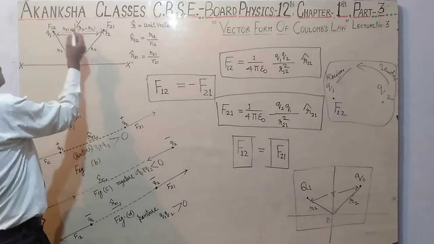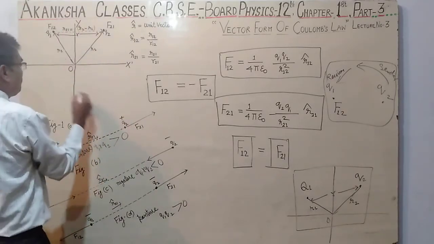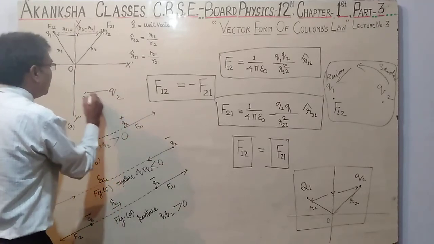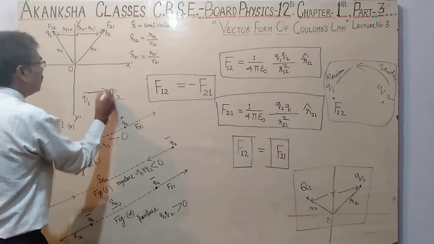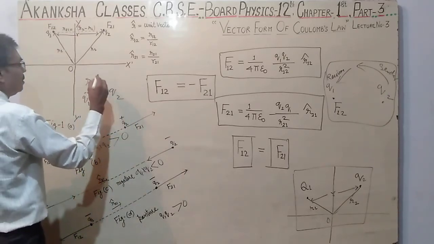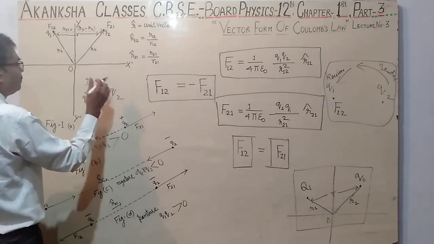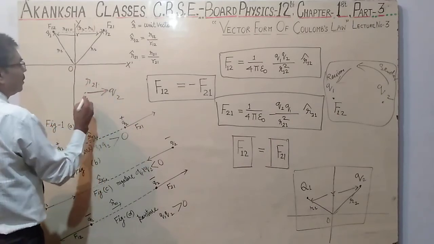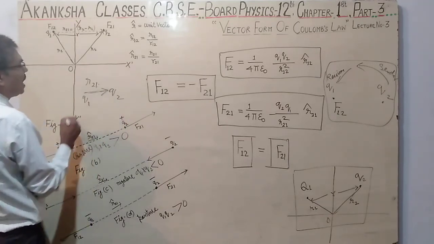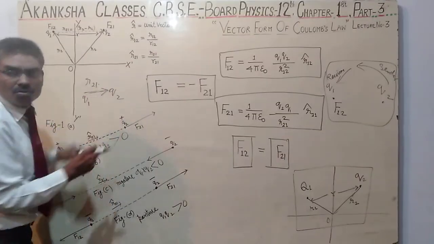This means the vector drawn from 1 to 2. R12 means just the opposite. It is a vector that starts from 1. This means the sender is 1, the receiver is 2.